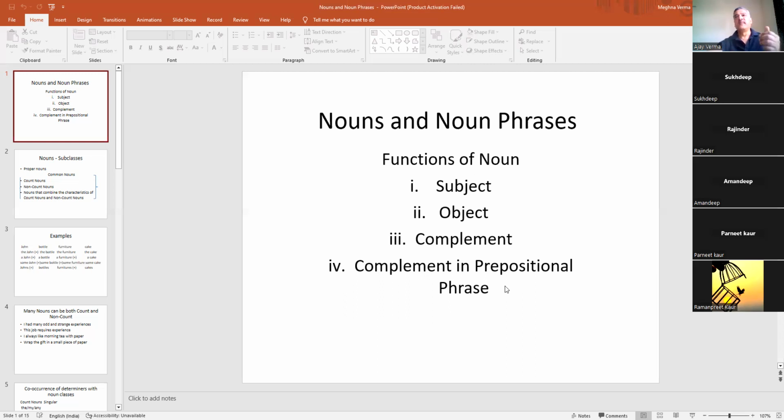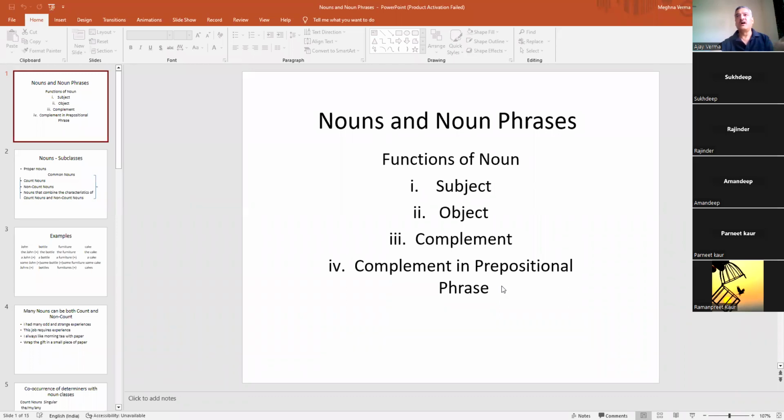Okay, so we can use nouns as subjects, which is the most common use. For instance, we can say that telescopes are very useful in looking at distant objects. So here, telescope is obviously a noun and it is being used as a subject.